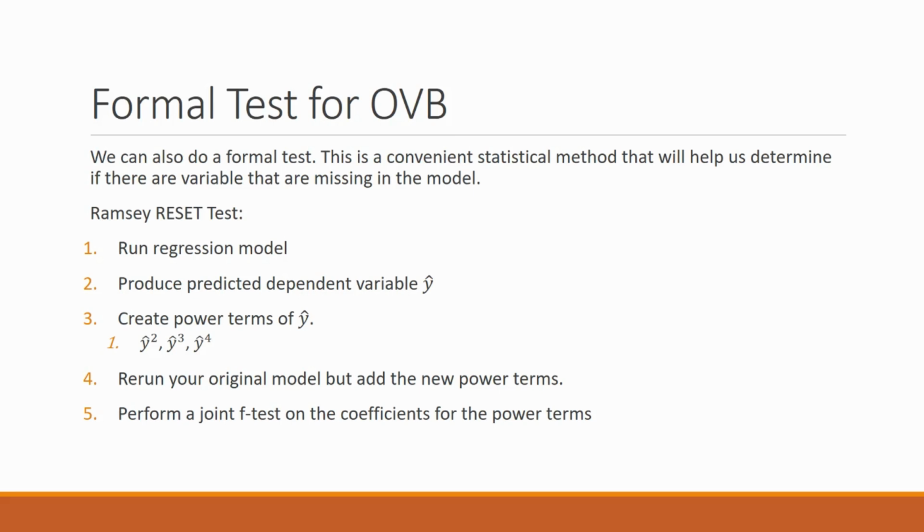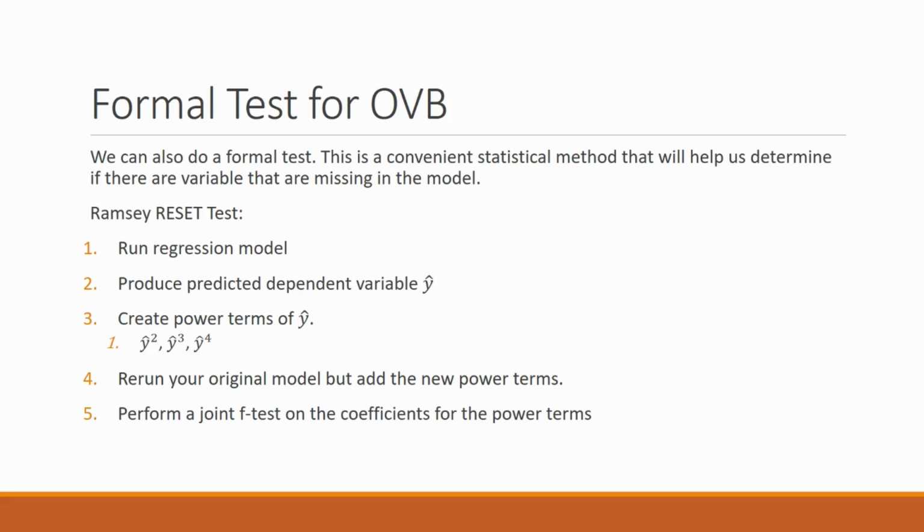What we do is we run our regression model, then we produce the predicted dependent variable, y hat. Then we create power terms, polynomial terms of y hat: y hat squared, y hat cubed, y hat to the fourth. Then we rerun our original model, but add the new power terms, and we perform a joint F-test on the coefficients for those power terms.